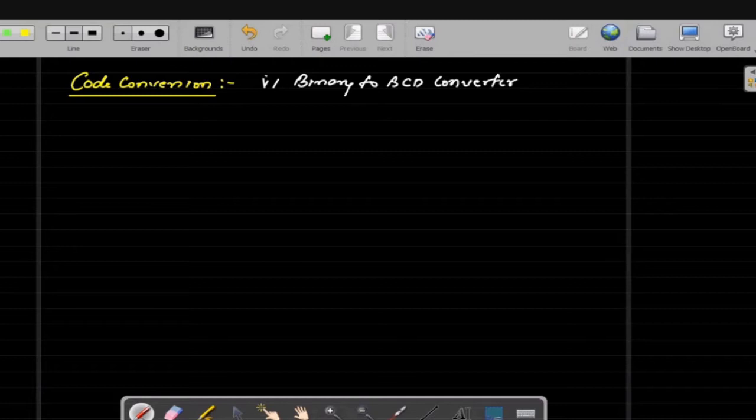First of all, let me draw one table, because this table might be very useful for the upcoming code conversions also, because I need 16 entries.